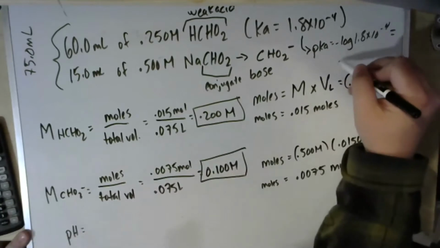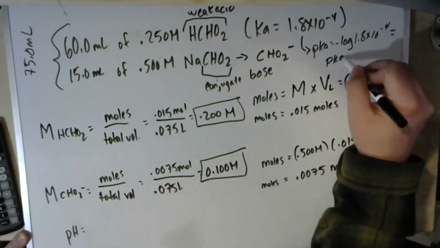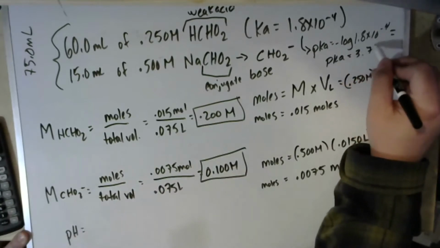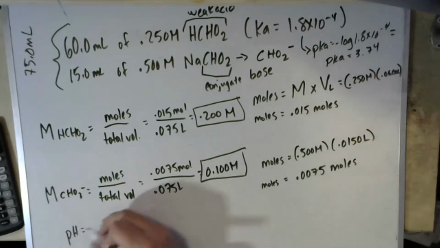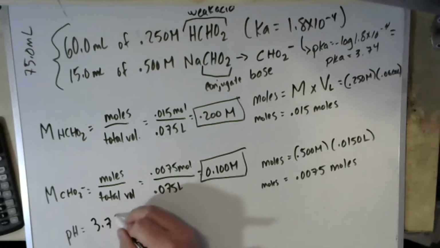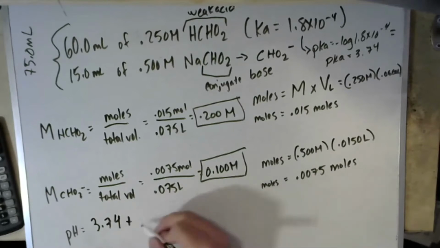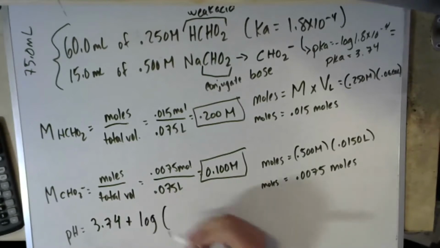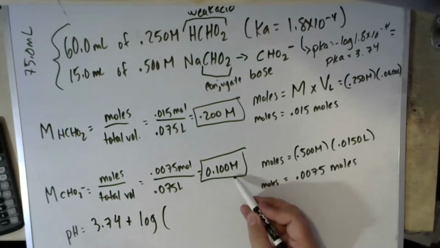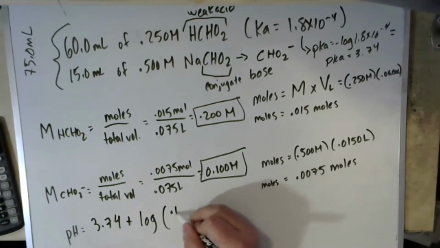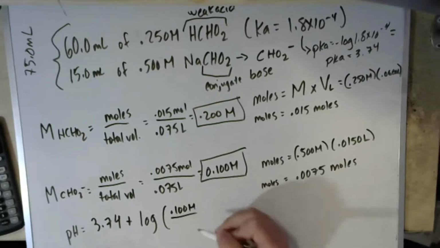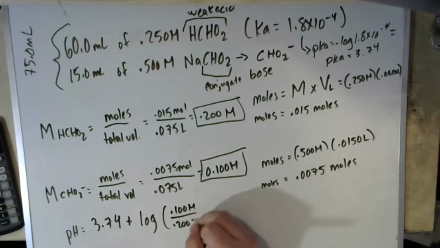It's going to be 3.74, plus the log of the concentration of my base, which is 0.1 molar, over acid, which is 0.200 molar.